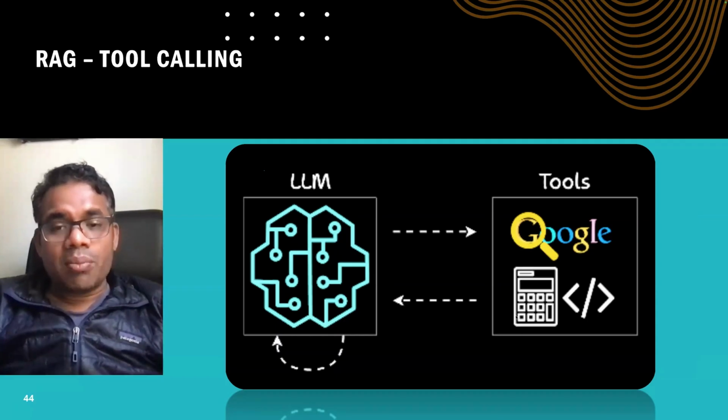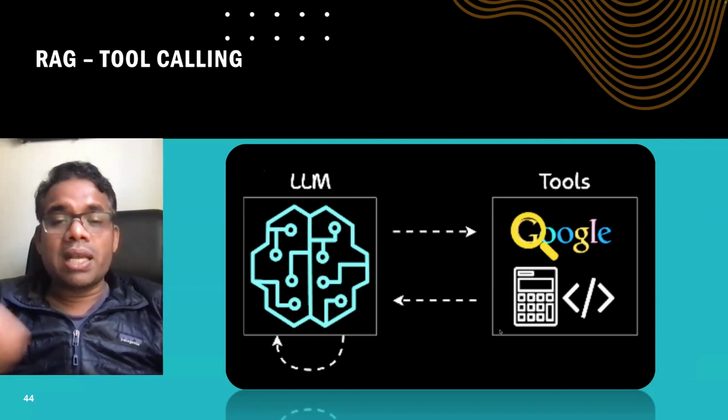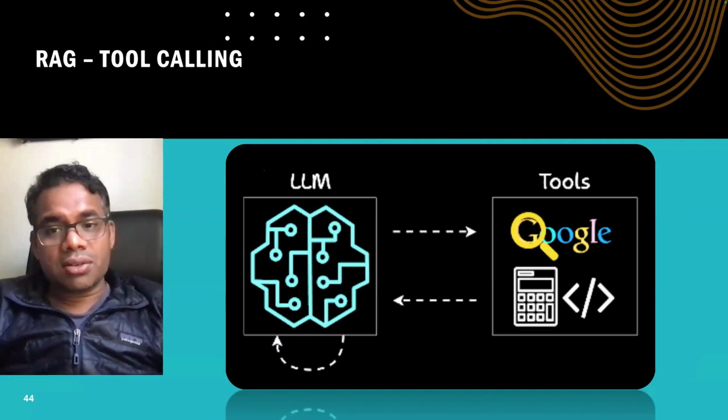That means, for example, you have a doctor's prescription. How do you want to decipher what exactly is written there into a readable or tabular format?